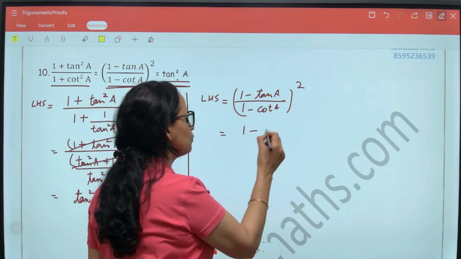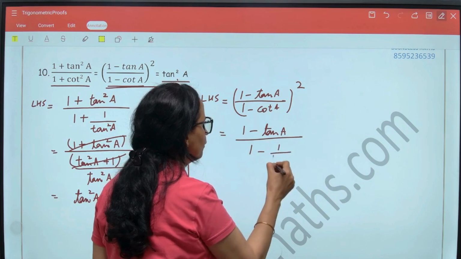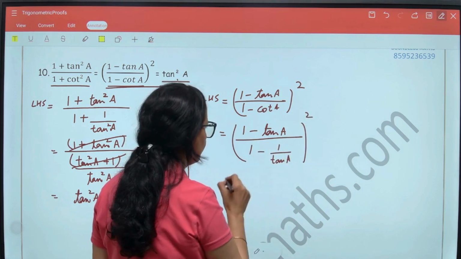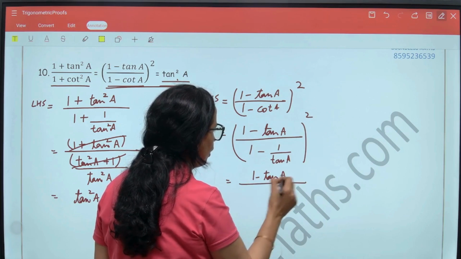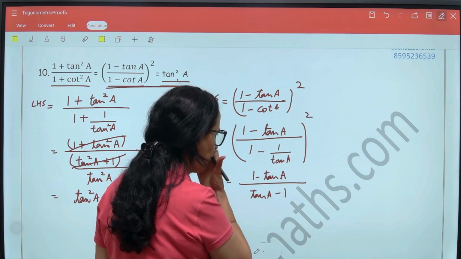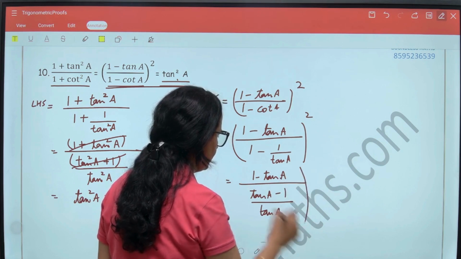So it is 1 minus tan A upon 1 minus 1 upon tan A. Again take the LCM. 1 minus tan A stays there in the numerator. Denominator we have tan A minus 1 whole upon tan A, whole square. Entire thing squared.